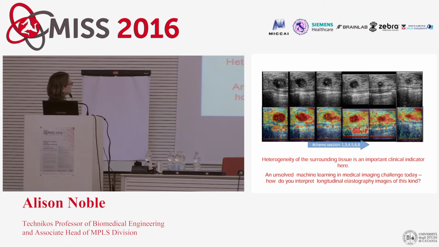And what you're seeing at the top is, in this particular case, that the mass shrank. But what you're seeing at the bottom are the elastography images. You can see that there is quite a different change in the pattern of the strain, which relates to the biomechanical properties, particularly in the surroundings of the mass, having changed over time. So what you're really interested in here is the heterogeneity of the surrounding tissue. This is the important clinical indicator.